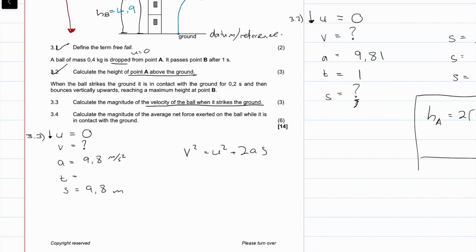My u is 0, so v squared is equal to 2 times acceleration times s, where that term goes to 0. So v is equal to the square root of 2as, which is equal to the square root of 2 times 9.81, which is my acceleration, times s, which is 9.8.